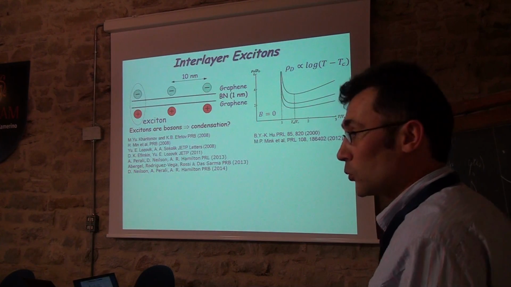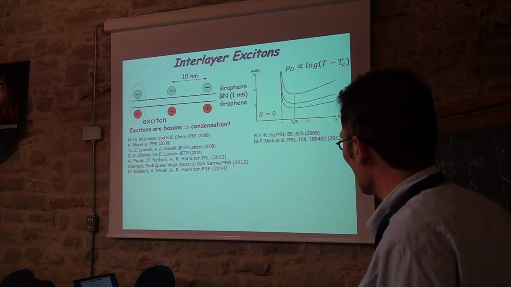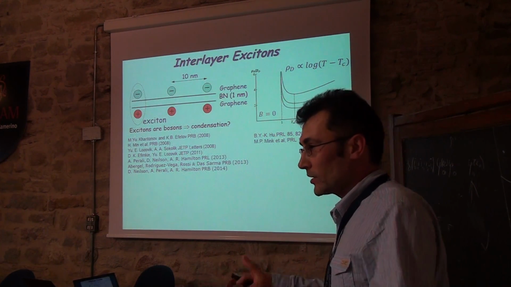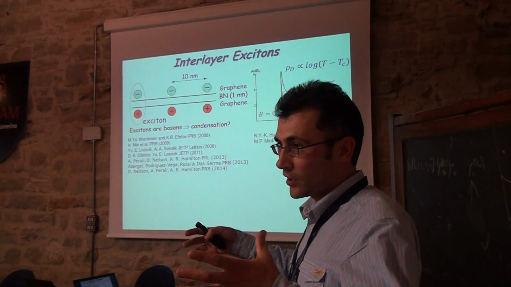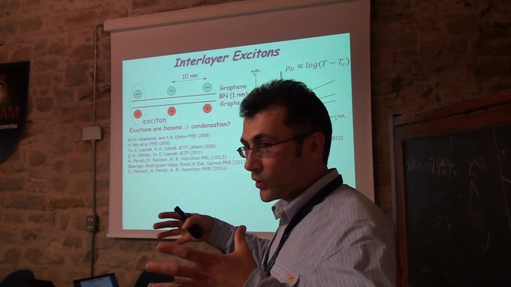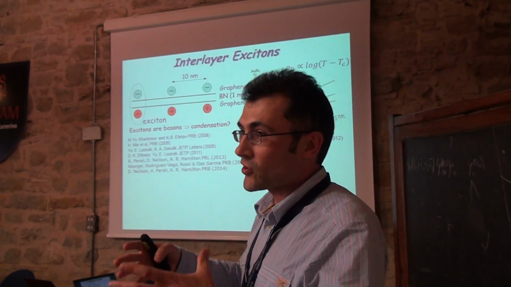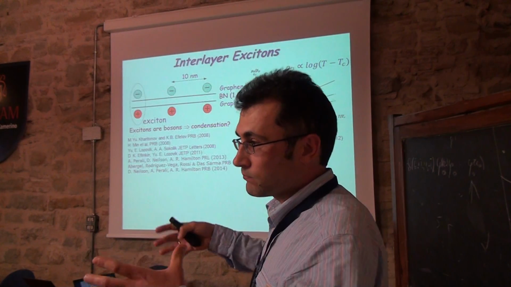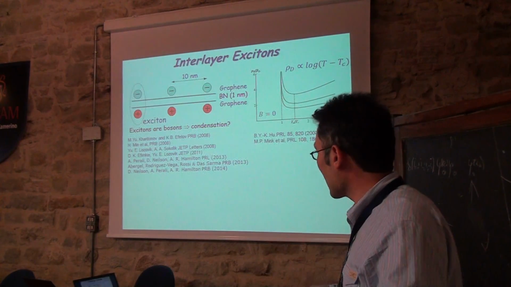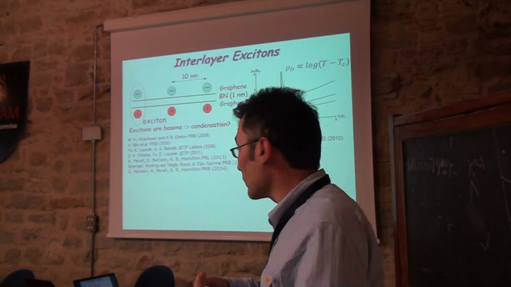If this doesn't work, so this is a situation for B equals 0, then we have to apply magnetic field. What the magnetic field usually does is try to localize electrons. So it quenches the kinetic energy while the interaction is still the same. So it helps to form excitons.